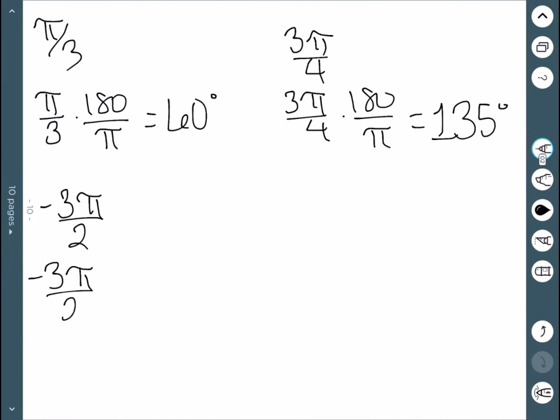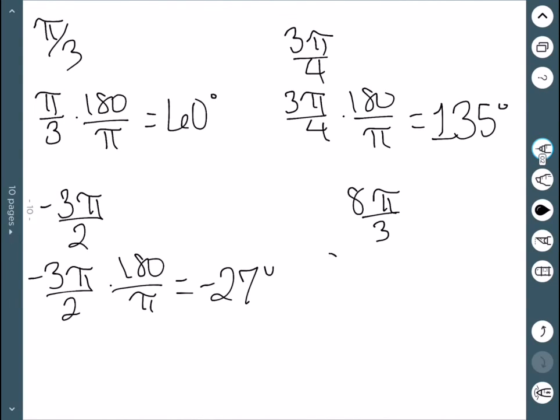Well, if I multiply this by 180 over pi, negative 3 times 180 is negative 540, divided by 2 gives me negative 270. 8 pi over 3, multiplying this by 180 over pi, well, we would have to do 180 times 8 divided by 3 to get 480 degrees.